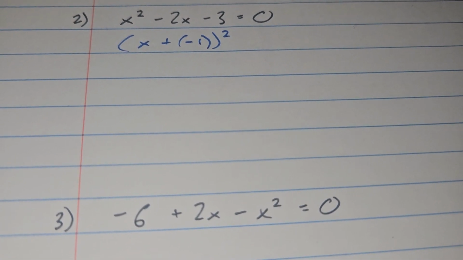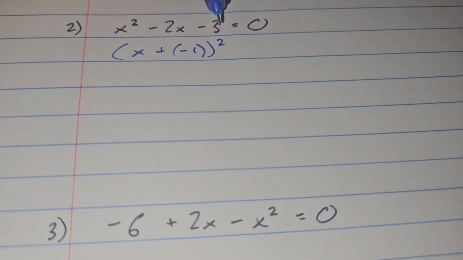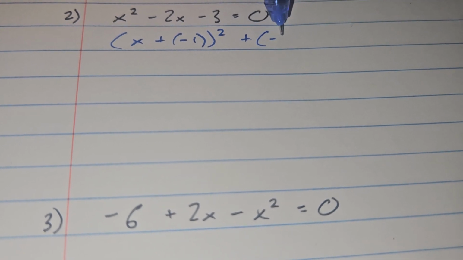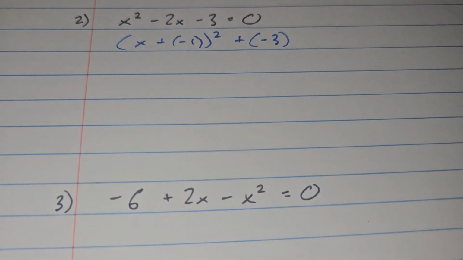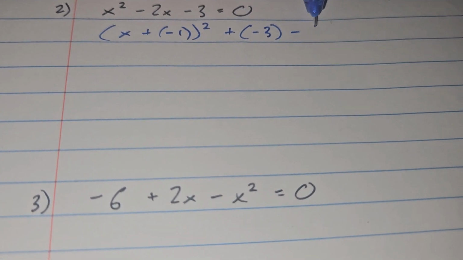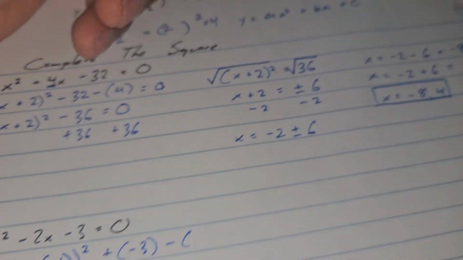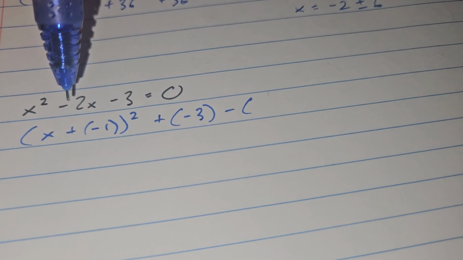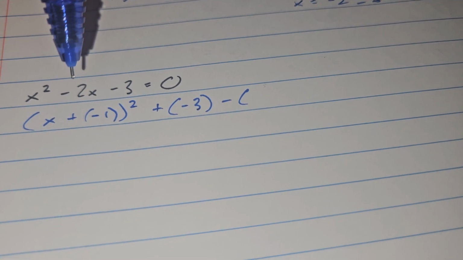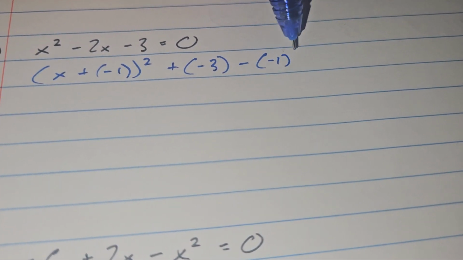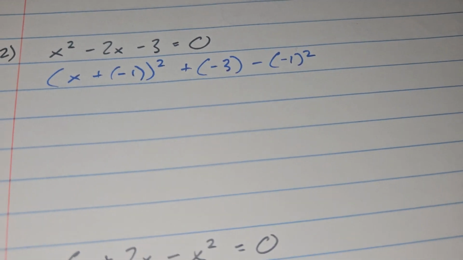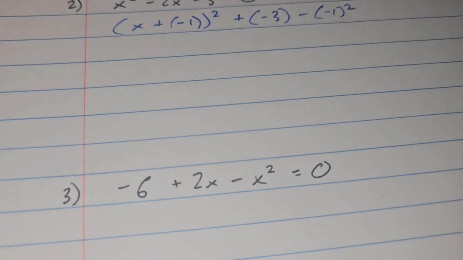Plus our constant, negative 3 minus, again, b divided by 2. b, negative 2 divided by 2, negative 1. Negative 1 squared. So now let's go ahead and simplify this a little bit more.